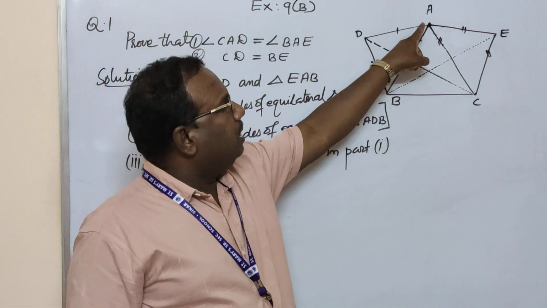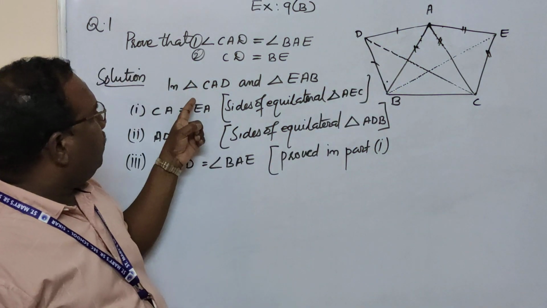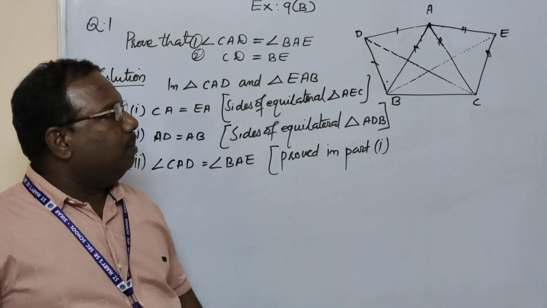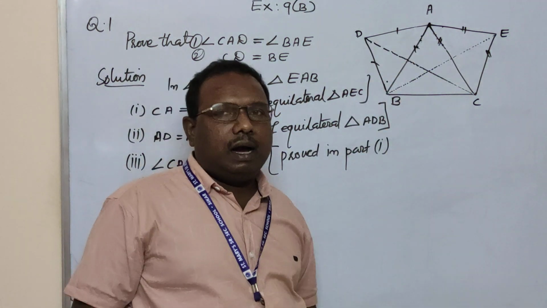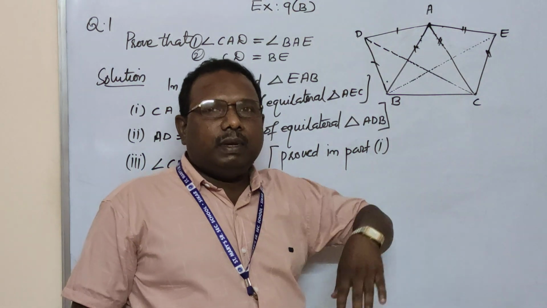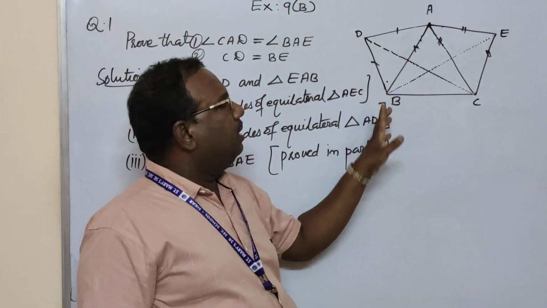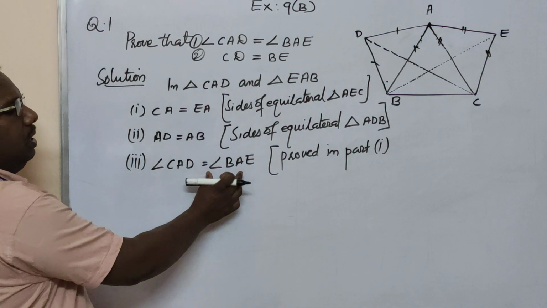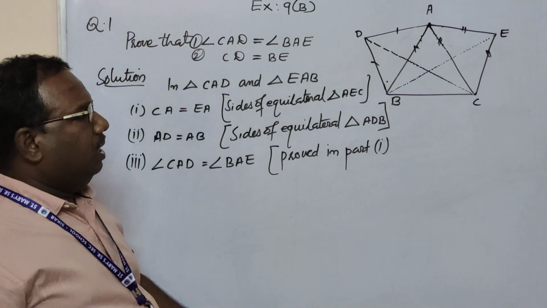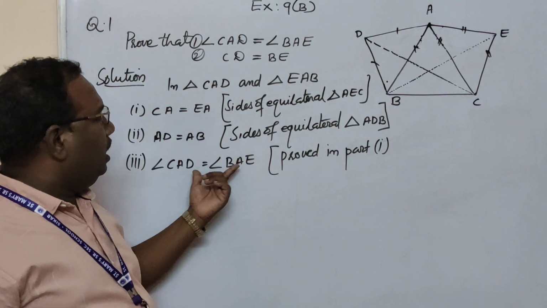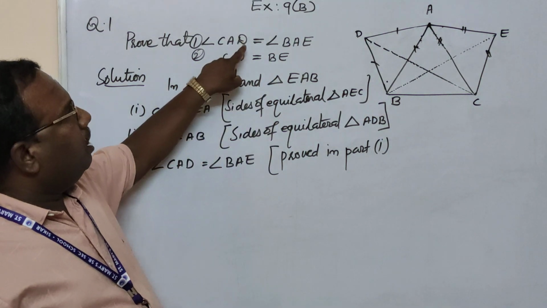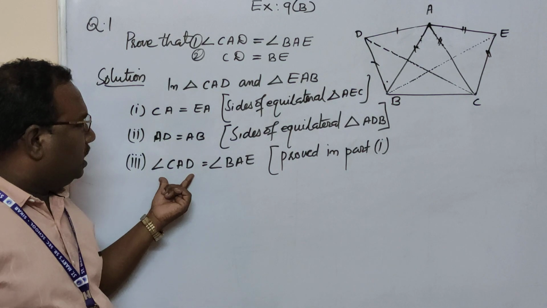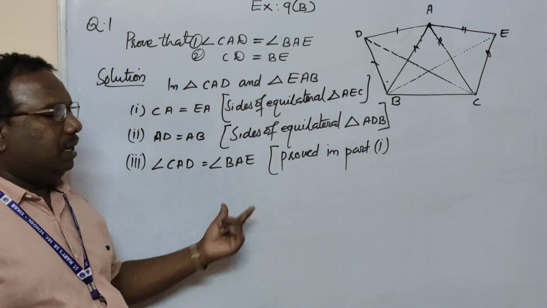Both AD and AB are sides of the same equilateral triangle ADB. And third point, angle CAD equal to angle BAE. We have proved angle CAD equal to angle BAE in part 1.